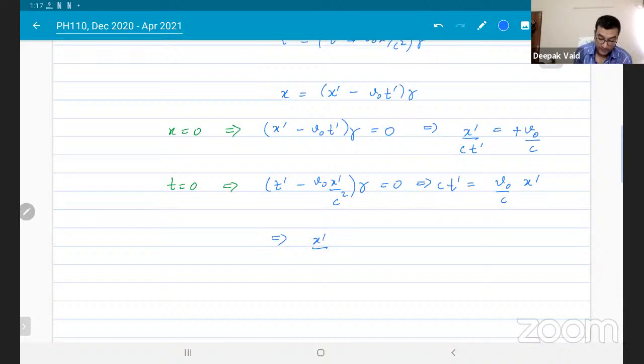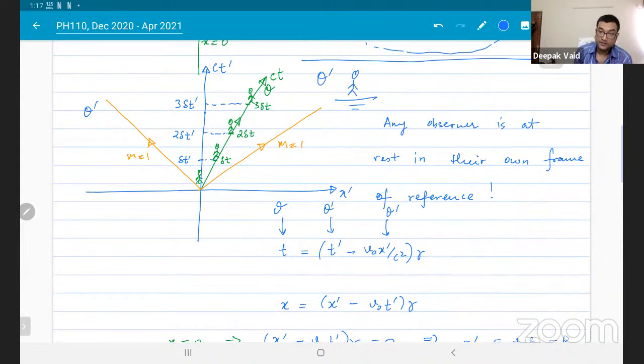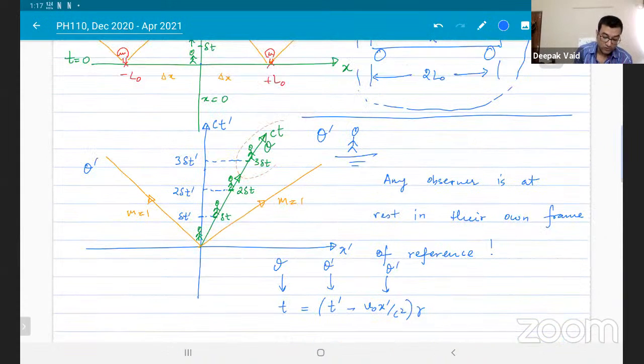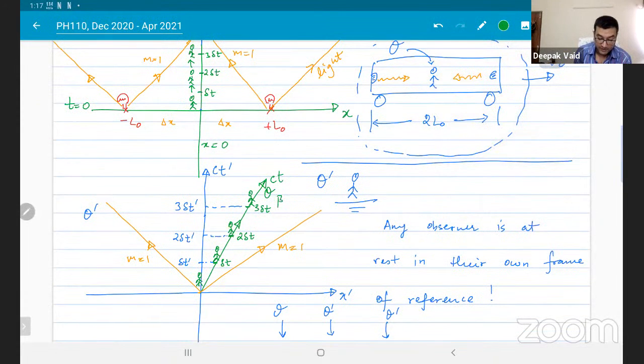Now what is x prime by C T prime? This is beta, so this becomes 1 by beta. So what is the slope of this CT line? The slope is m equal to beta, where beta is equal to V naught by C.